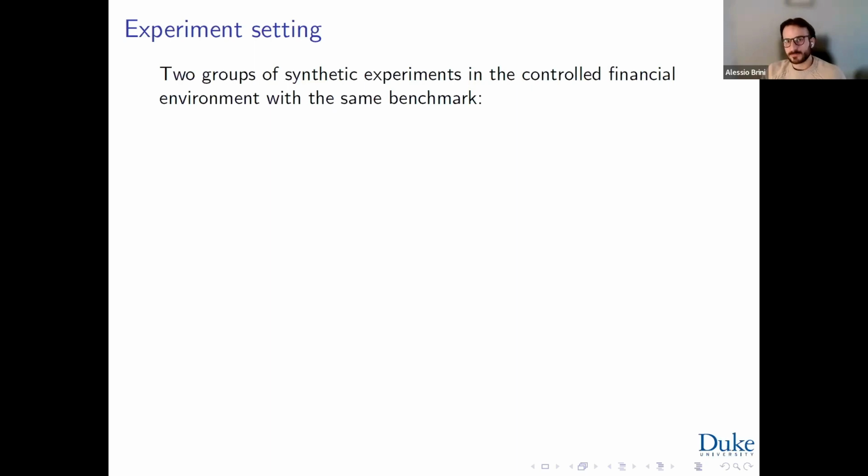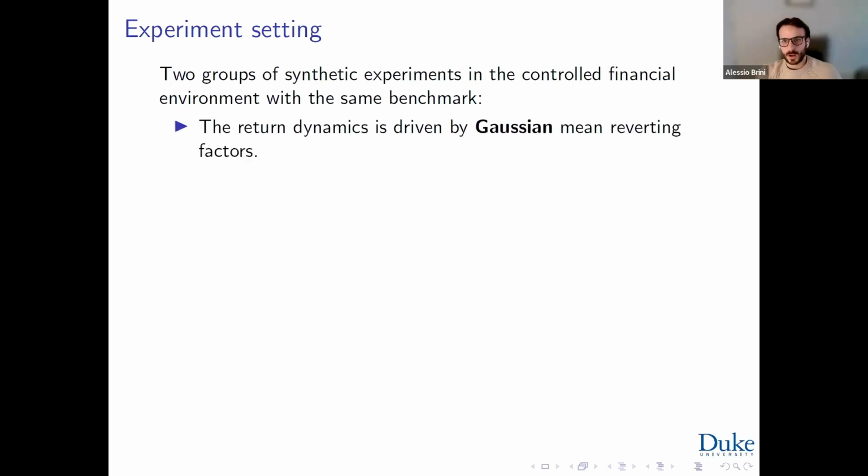So what we do is we carry out two groups of synthetic experiments. One where we actually simulate the returns according to the market that I described, where the noise is Gaussian. And if the noise is Gaussian, the optimal solution holds. So we know that if you simulate the returns exactly that way, the optimal solution will hold.